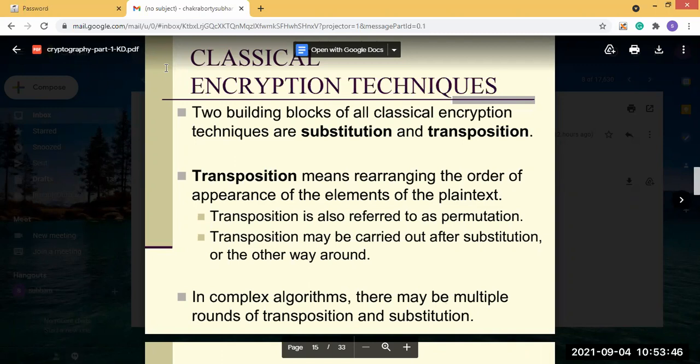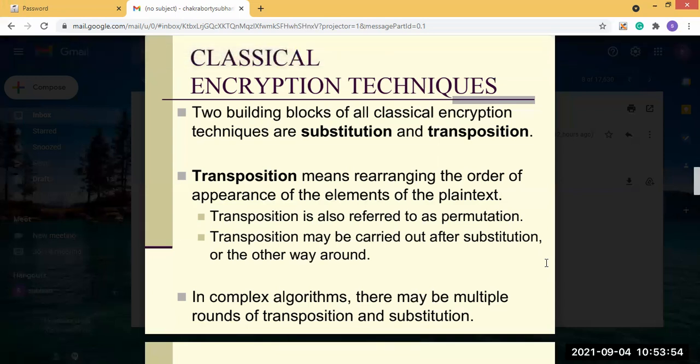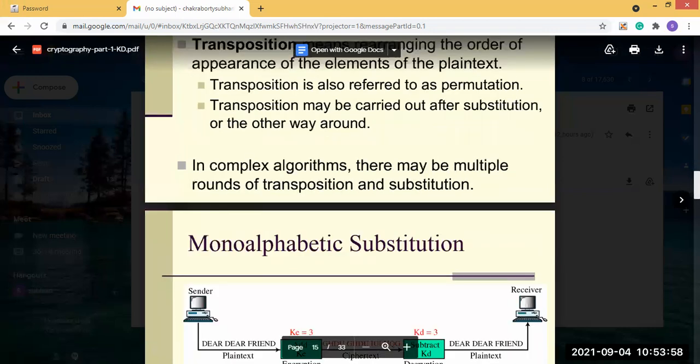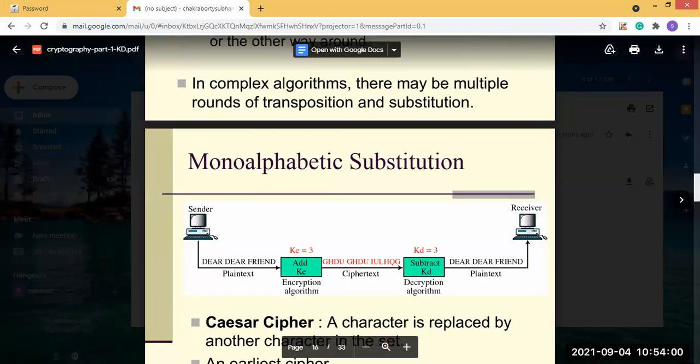Now in complex algorithms, there may be multiple rounds of transposition and substitution. I am only discussing the basics here, how we do it.